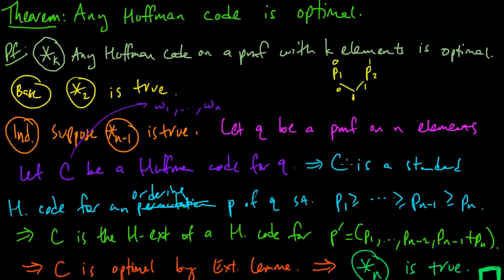When I refer to C again, I mean take the same code words, and since we're permuting Q to get P, permute these code words in the same way.